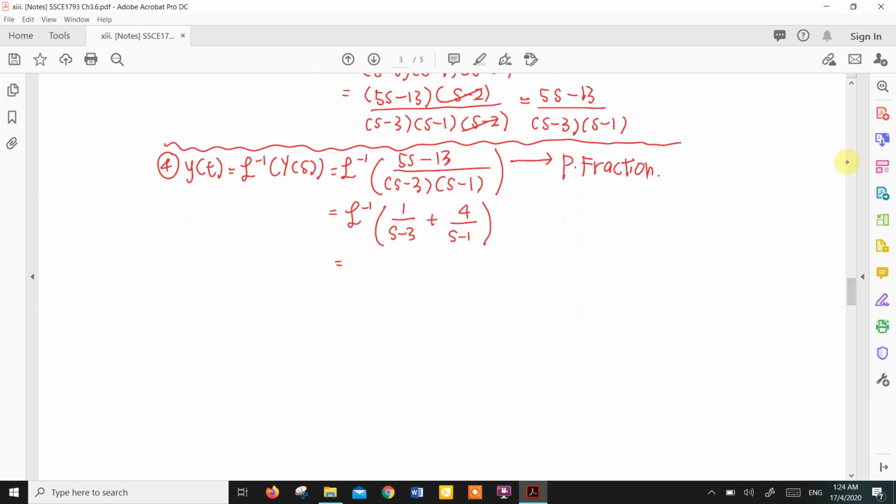The inverse Laplace of 1 over s minus 3 is e to the power of 3t, plus 4 times e to the power of t. So this is the final solution for the given differential equation by using Laplace transform.